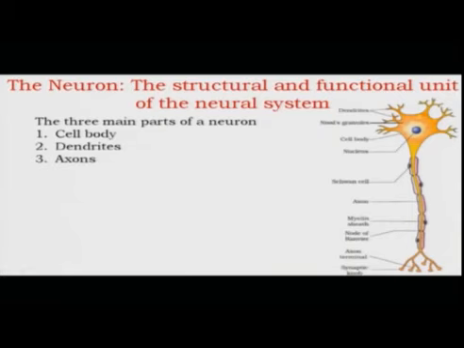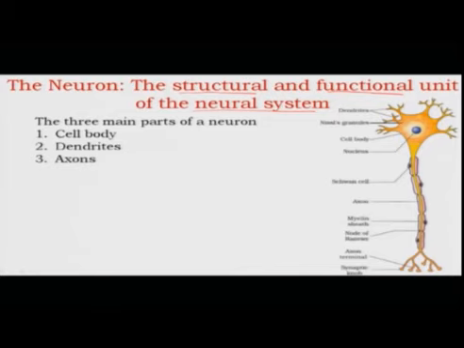So, let us begin with first understanding what the neuron itself is, and as I said before, it is the structural and functional unit of the neural system. The nervous system is just made up of billions of these neurons all connected to each other.